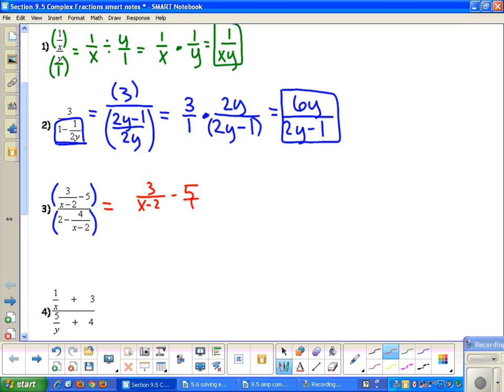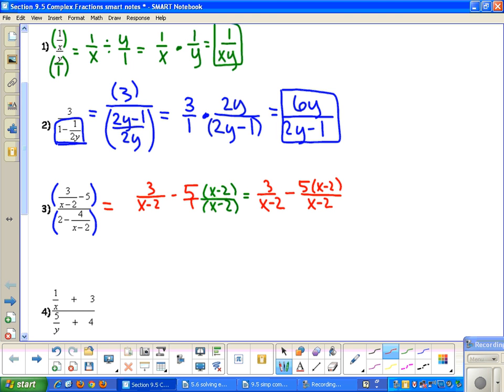It's going to be x minus 2. That means that the missing factor over here would be x minus 2 over x minus 2. So when I combine that and rewrite it, I would have 3 over x minus 2 minus 5 times x minus 2 all over x minus 2.